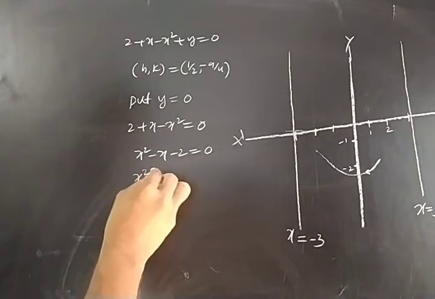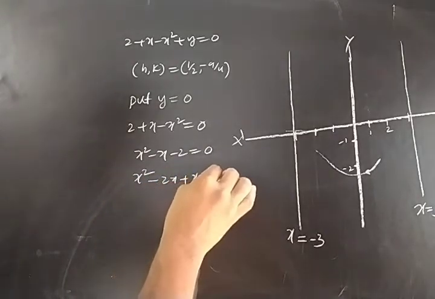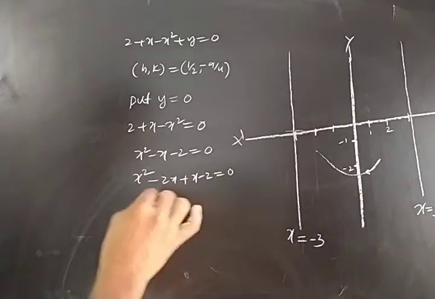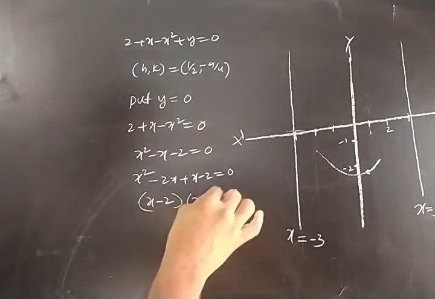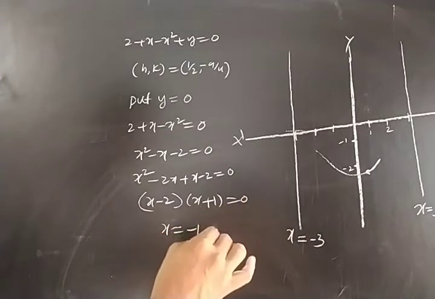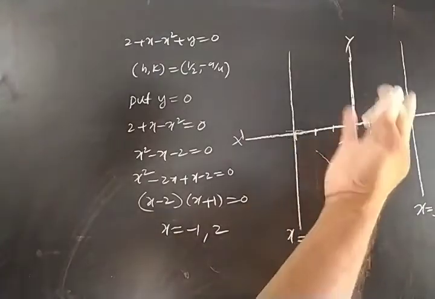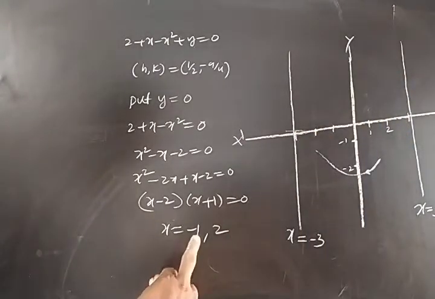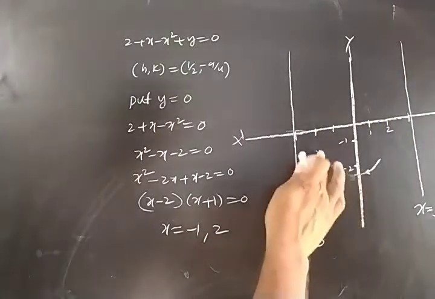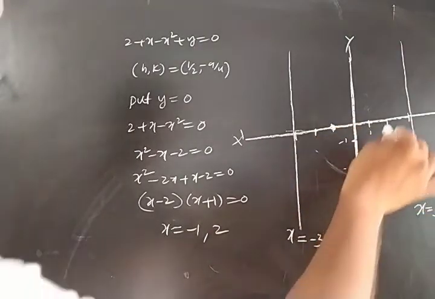By factorizing we will get x square minus 2x plus x minus 2 equal to 0. Here the factors are x minus 2, x plus 1 equal to 0, and the points are minus 1 and plus 2. So we got the points where the parabola meets the x-axis: at minus 1 and plus 2.